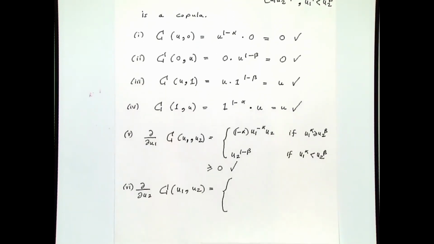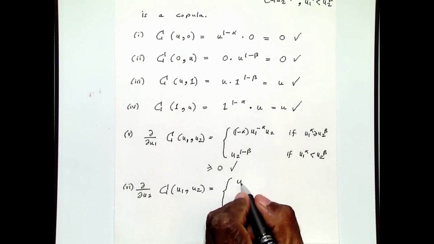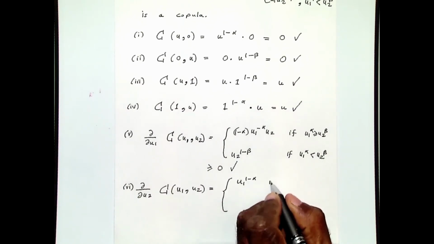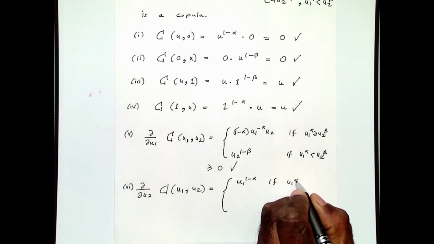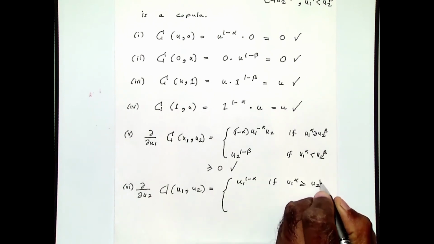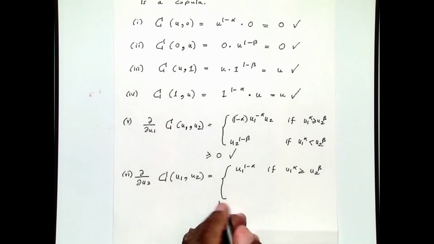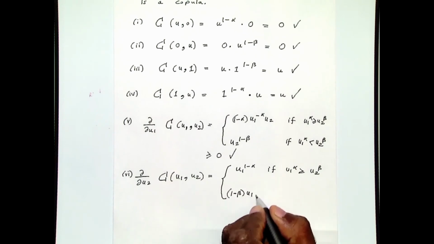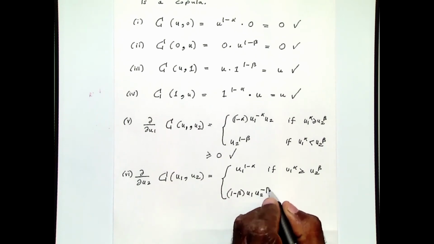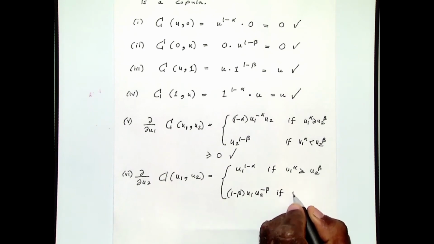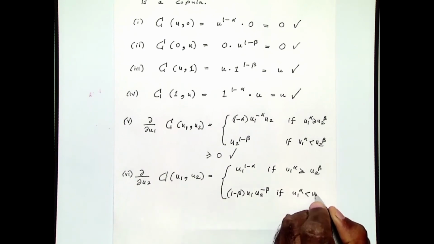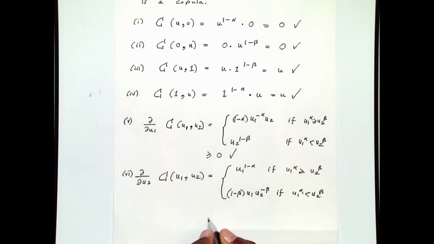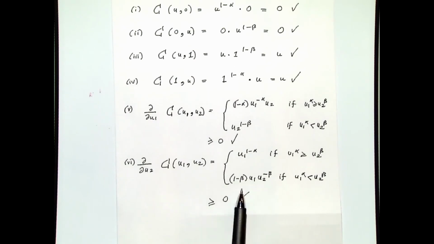Alright, so you will get this, and this is clearly greater than or equal to 0 because beta is a number between 0 and 1, right?